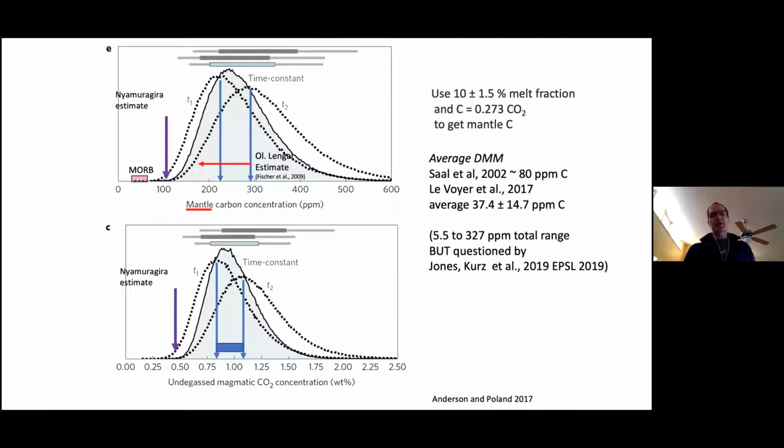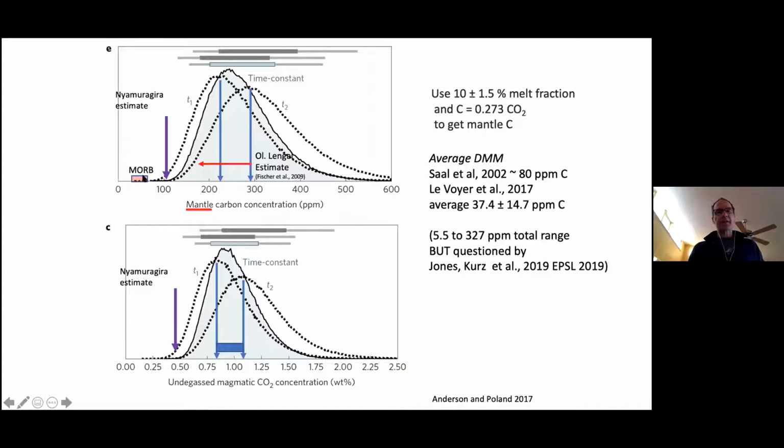Then you can calculate the carbon concentration if you just assume 10% of melt and you just convert weight% to mole% or ppm, and you get Nyiramuragira being here. This is Kilauea over here. Oldonyo Lengai, we estimated early on at about 300 parts per million, perhaps. So this is a maximum estimate.